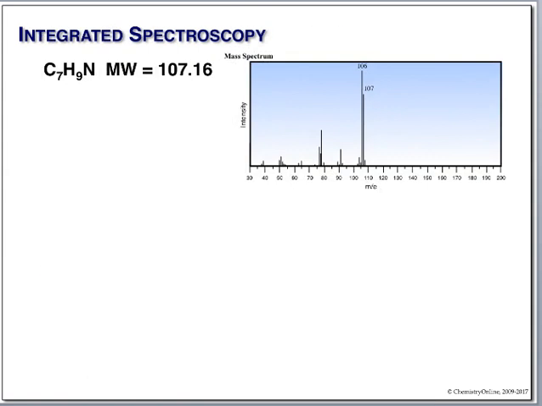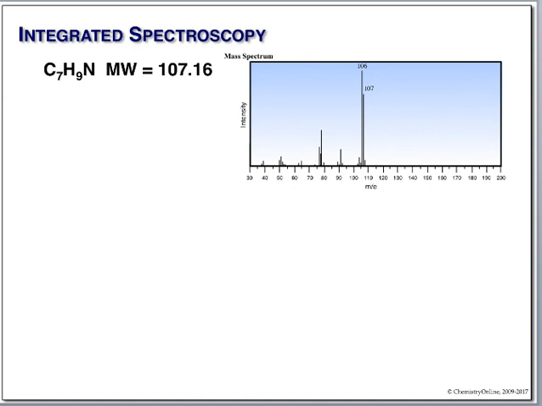Well, we haven't done this in a little while. So let's just look at a spectrum or two or three and see if we can identify a compound. Now, clearly it's going to be an amine. We look at our formula here, we have a nitrogen in there.